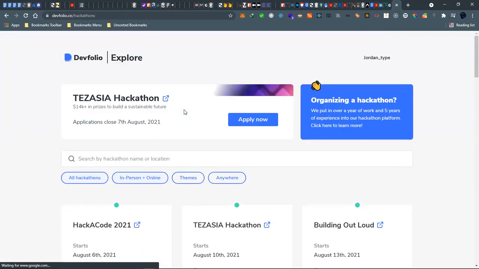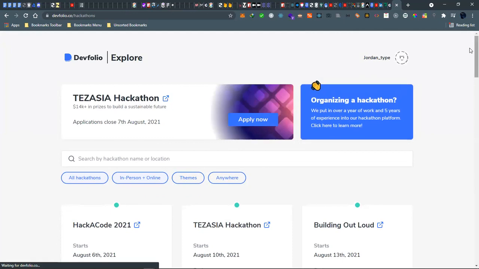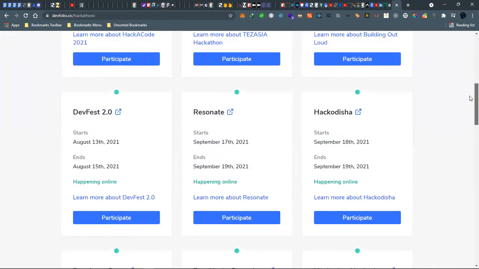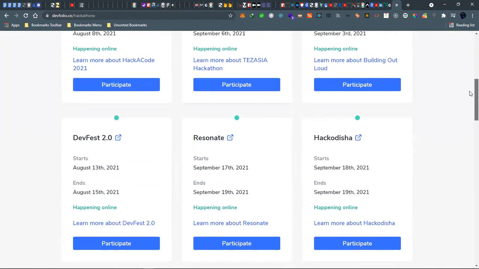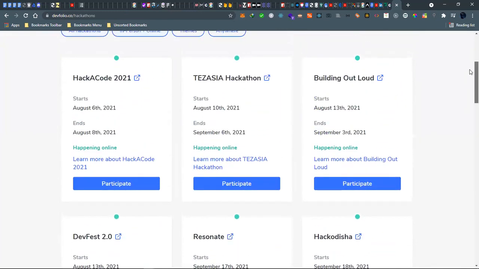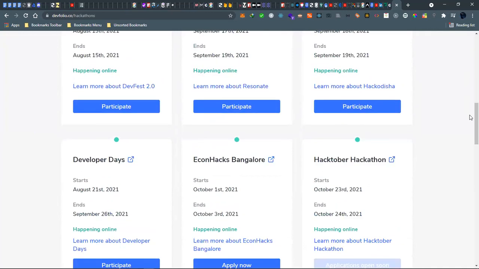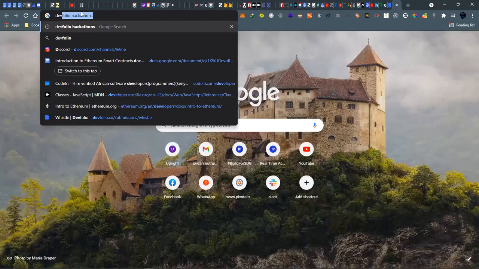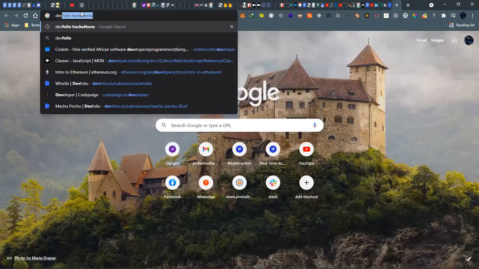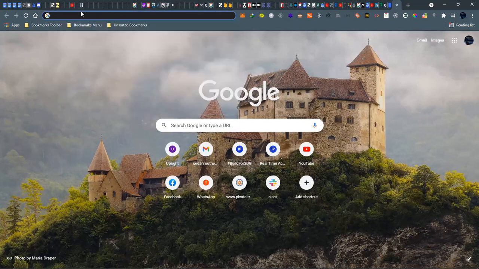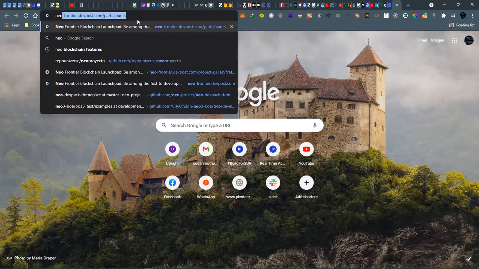You can take a look at which category really fits you and see which one you can participate in. And then there is also Neon, frontier participation. Like this one for Neon, Devpost for Neon.